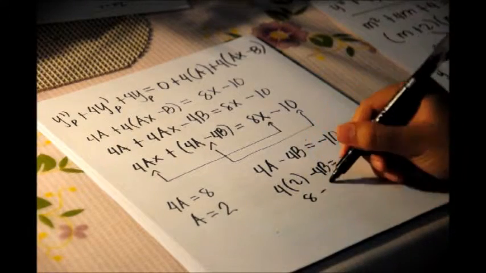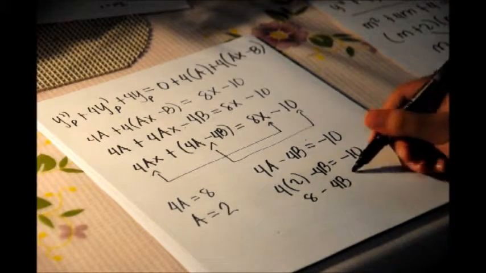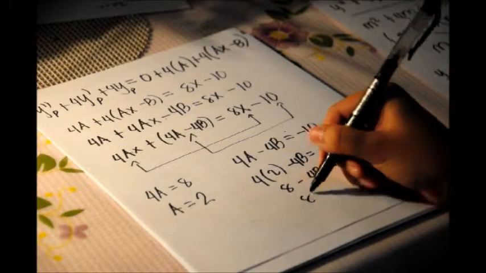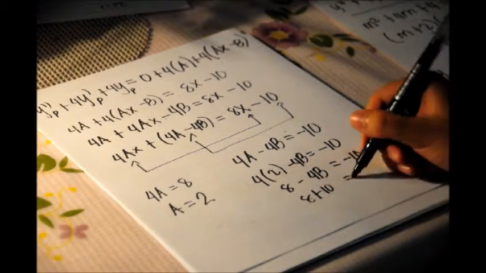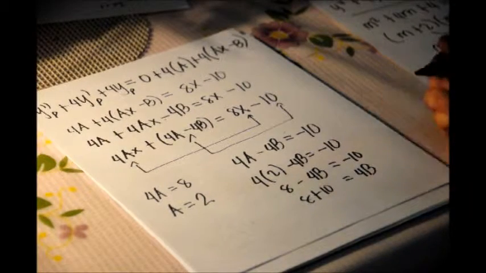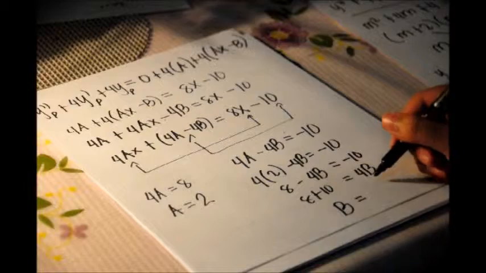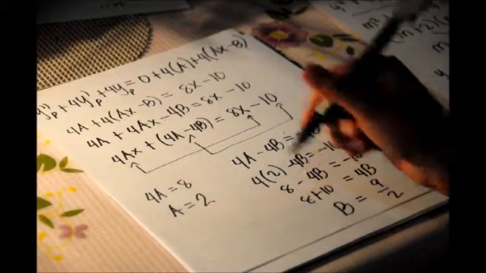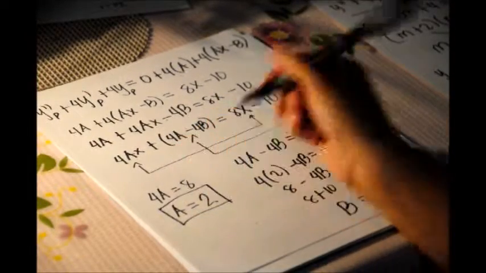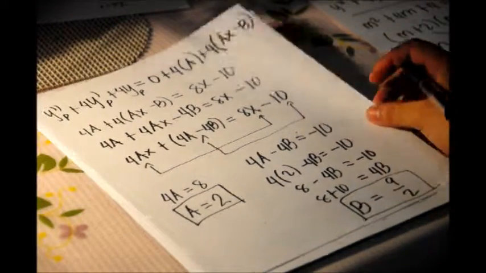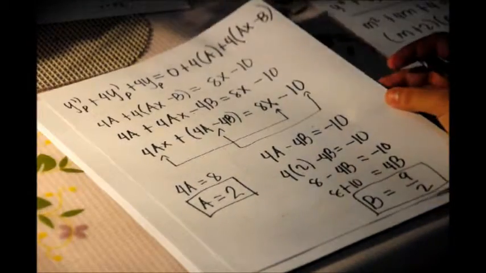So 8 minus 4B is equal to negative 10. So 8 plus 10 is equal to 4B. So do the math. So we have now B is equal to 9 over 2. So now we have the values for both A and B. Now we will substitute these values to the equation.